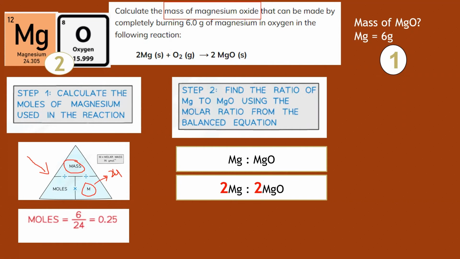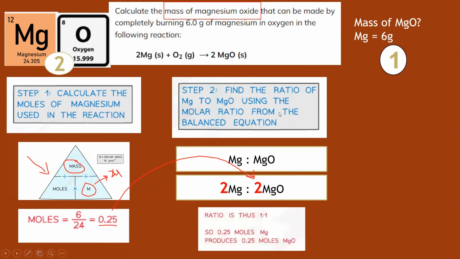So if 0.25 mole of magnesium is there, how many moles would we have for magnesium oxide? It would be 0.25 since we have a 1:1 molar ratio. And you could see that we get the moles of magnesium oxide.